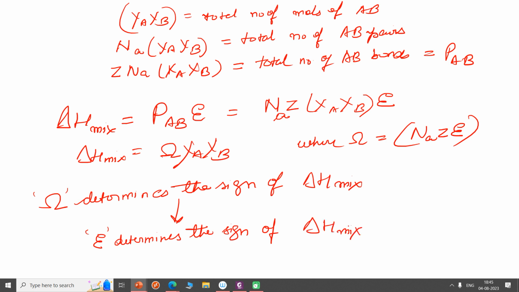This is very important to note, because for our solution, we just have to keep in mind the sign convention of E for that solution, and that will tell me if my solution is stable or not, because this parameter directly affects the enthalpy of bond formation.